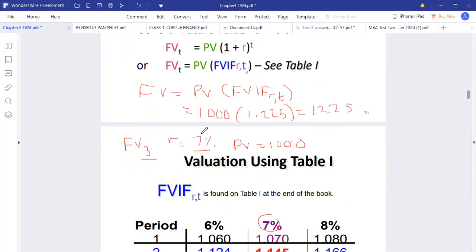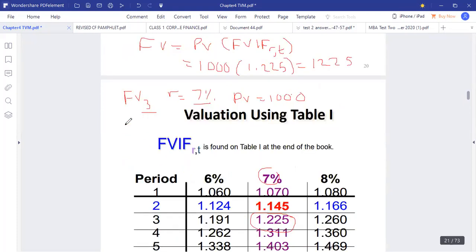So if they told you, suppose you have 5 years and your interest is 6%, and you started with a present value of 100 kwacha. Where there is present value, you put 100 kwacha.